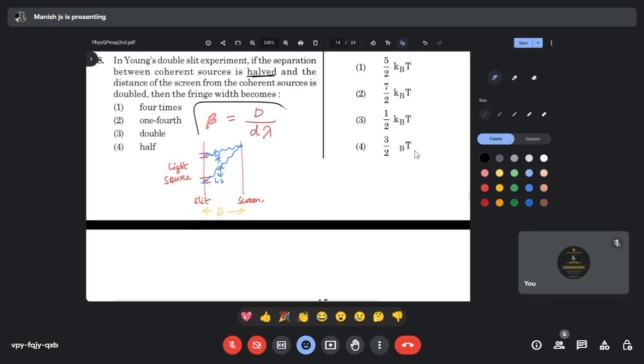Using this formula as the base, we are going to approach this question. So make d as d by 2, and then you try to tell me what is going to happen in this case.